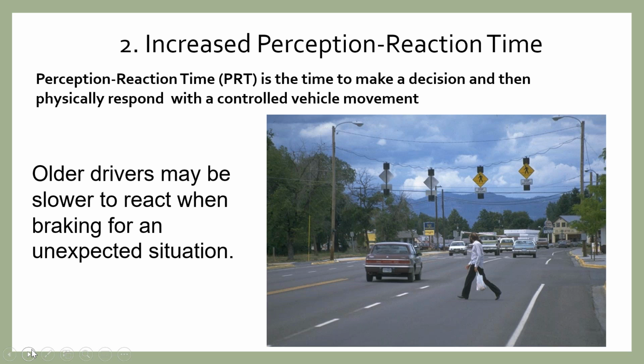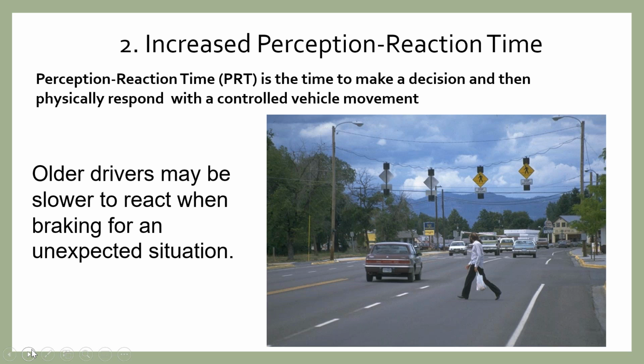And then even when we are able to visually see an object, it requires time to perceive what the appropriate reaction would be. On the roadway, it's typically the braking maneuver. So perception reaction time is commonly thought of as, well, I see an object. It could be a pedestrian, it could be an object on the roadway, it could be a stopped vehicle ahead.